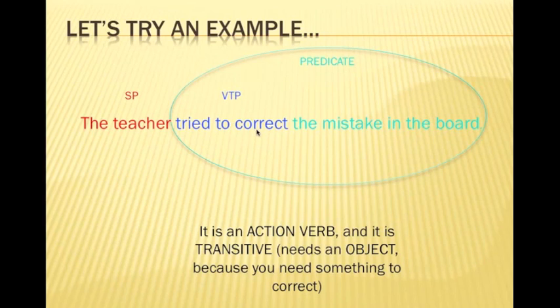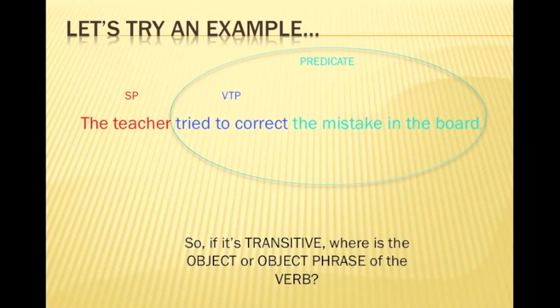So in this case, it would answer the question, what did you try to correct? Something. That means it's transitive. So keep in mind, transitive always answers the question, what did you try to do? That's always important to remember. Okay, let's keep going.